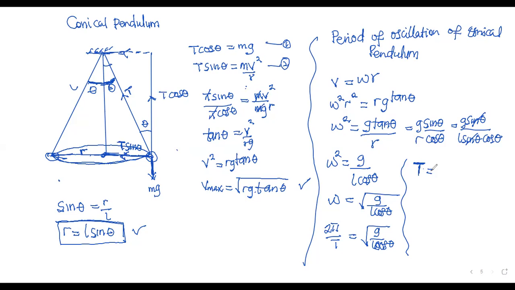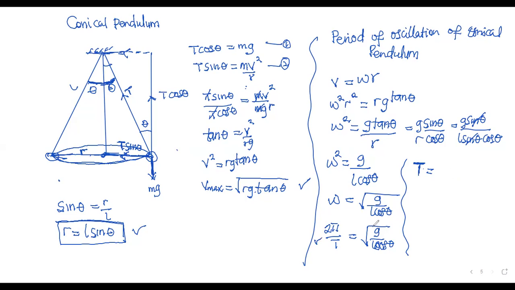I take the reciprocal of the left-hand side, do the same for the right-hand side. So when you do that, you have T over 2 pi. I got 2 pi square root of L cos theta over g. No, we've gotten to this stage.